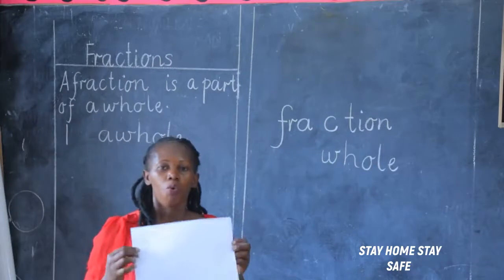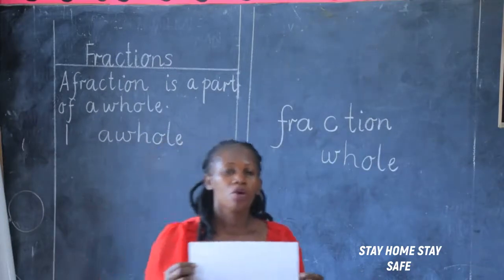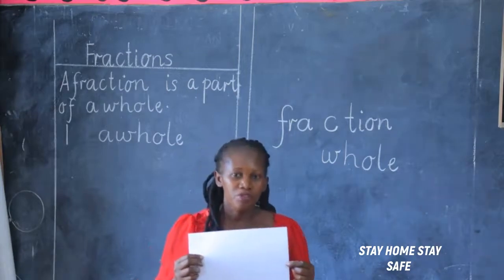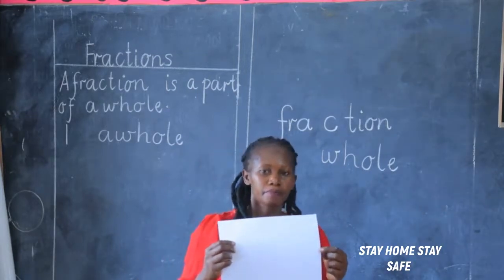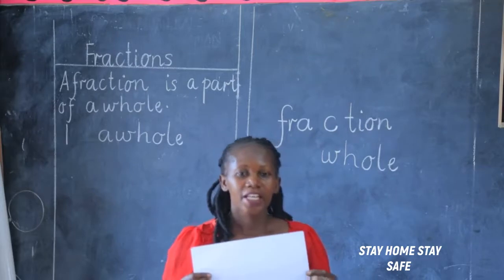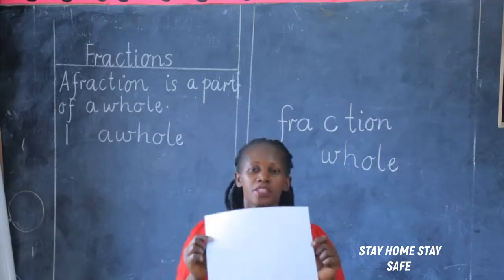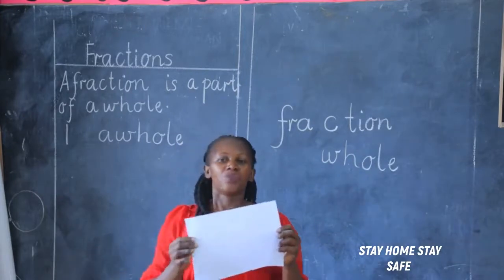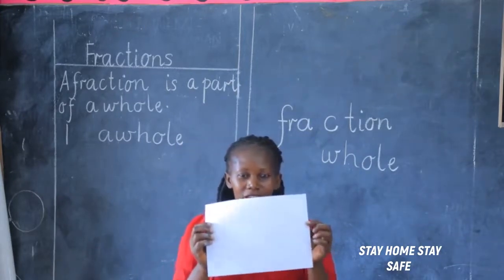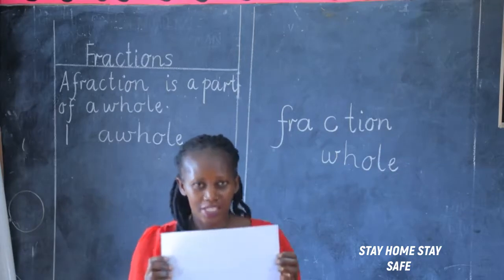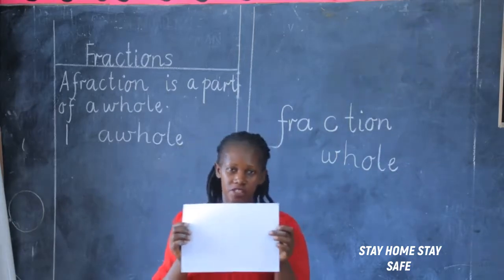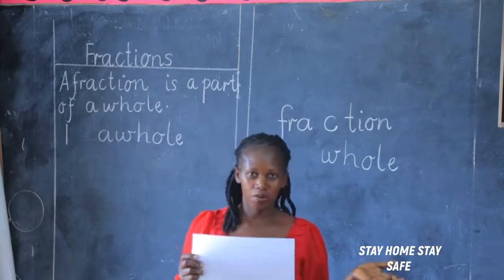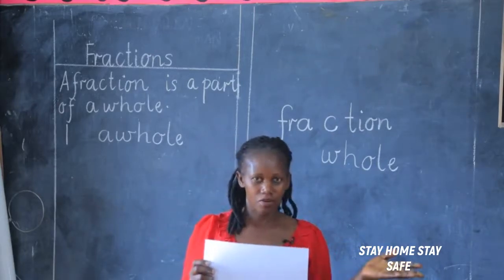One paper, one orange, one mango, one watermelon, one pumpkin, one piece of bread, one apple, that is a whole. So even this paper is one, so it is a whole, okay? But when I cut this paper into pieces, I'll make fractions. I can make as many fractions as I want, so long as I cut it, okay?